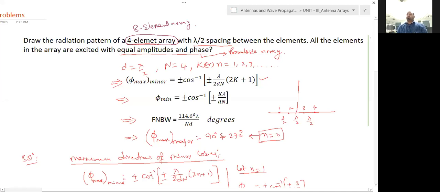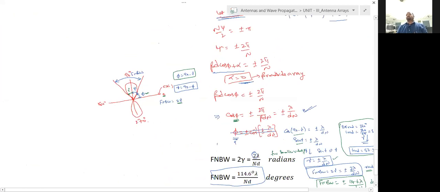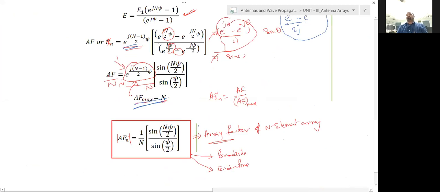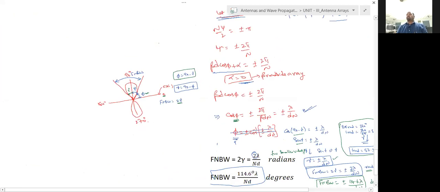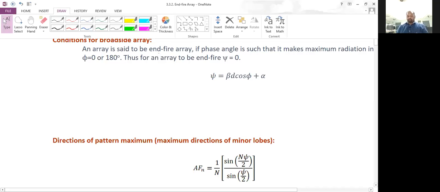So this is about broadside array. And now let us discuss about the end fire array.